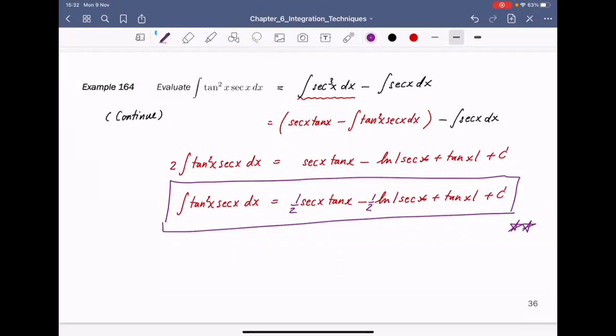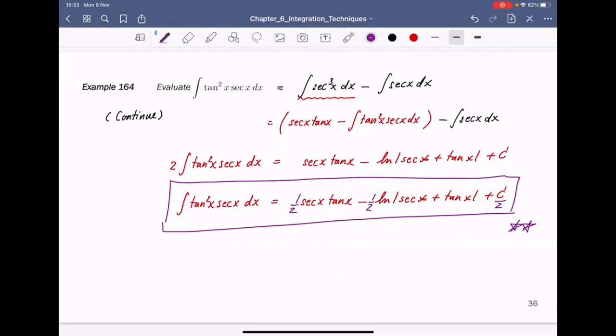All right, sounds good. Any questions? Yes, there's a question. Why C? Actually C has to be divided by 2, but it's just an arbitrary constant, so I can drop it.